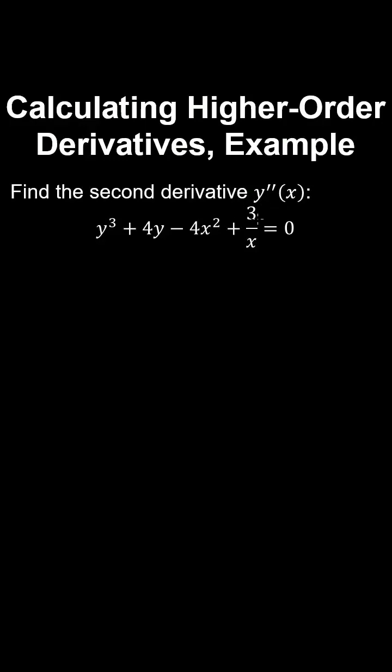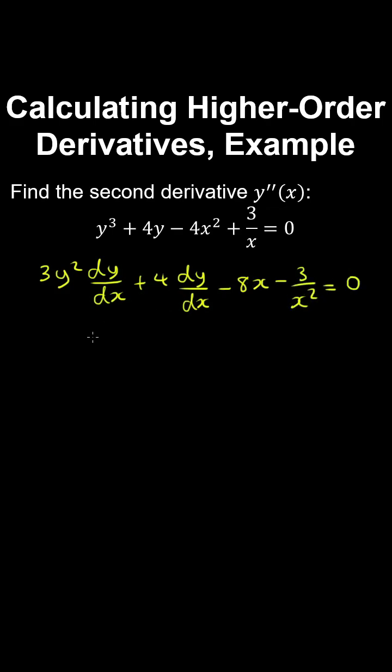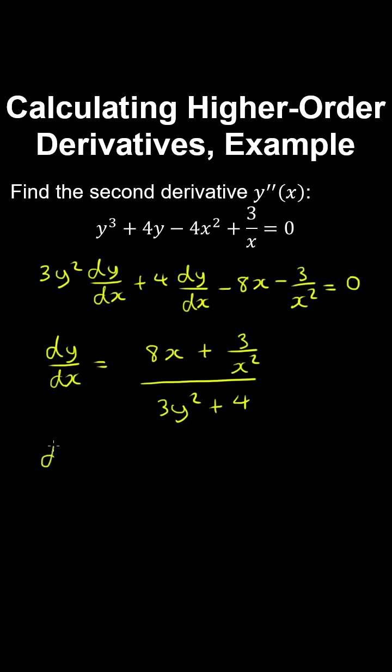Let's obtain the second derivative of y with respect to x using this implicit form. So using the chain rule, we have 3y squared dy dx plus 4 dy dx minus 8x, and the derivative of 3x to the minus 1 is minus 3x to the minus 2. And now we can use some algebra to obtain the first derivative. And now to obtain a second derivative, we'll apply the quotient rule.